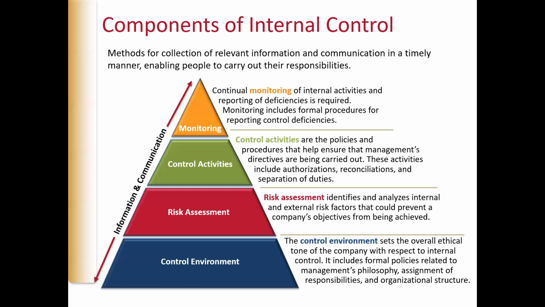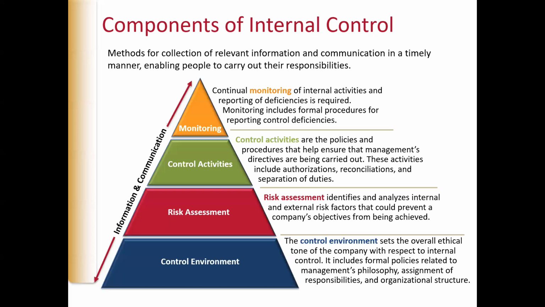From that risk assessment, we then develop control activities, the policies and procedures in place that are set up by the company: who authorizes spending, who reconciles various accounts, and how do they separate duties.